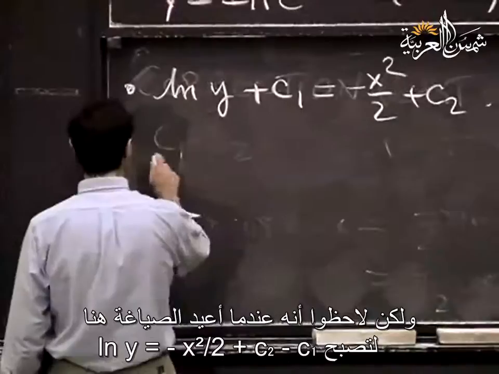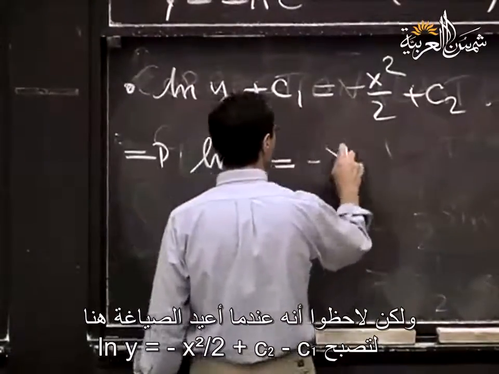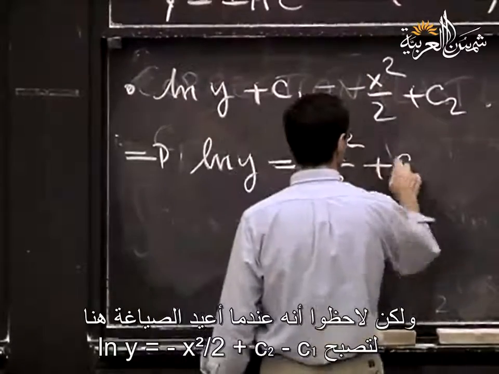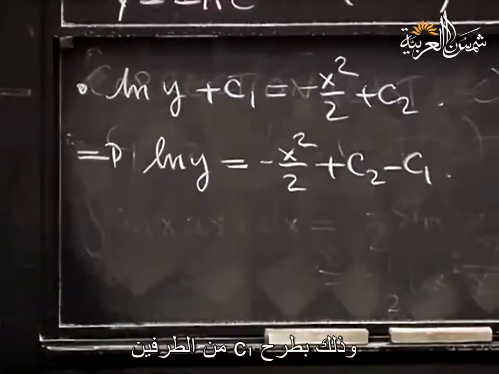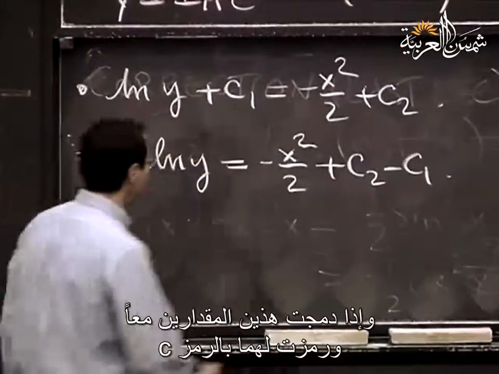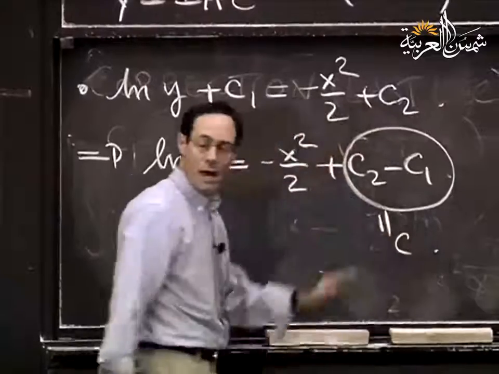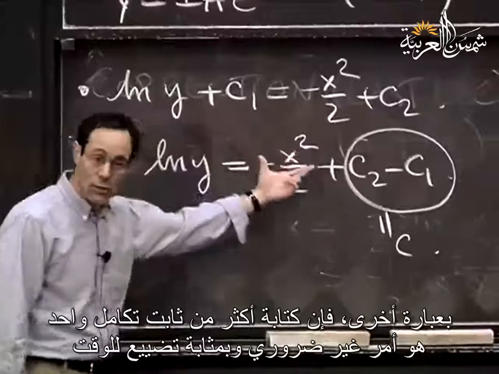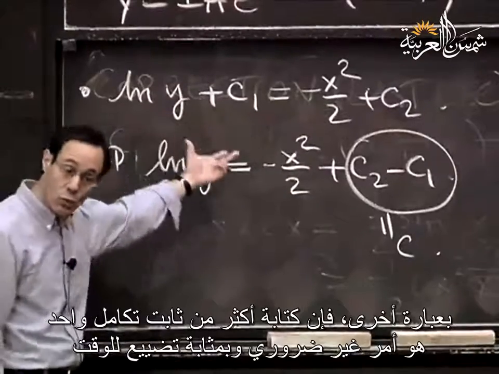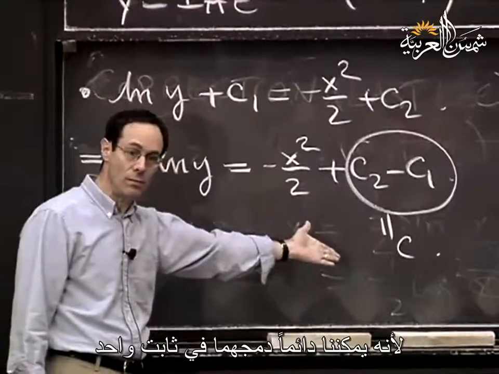But notice that I can rewrite this as log y is equal to minus x squared over 2 plus c2 minus c1. I can subtract. And then, if I just combine these two together and name them c, I have a different constant. In other words, it's superfluous and redundant to have two arbitrary constants here because they can always be combined into one.